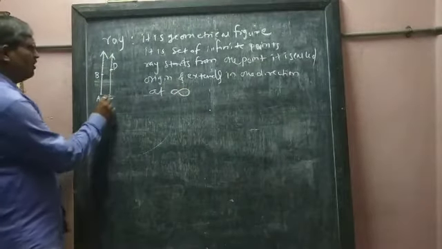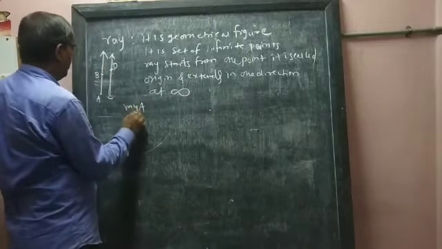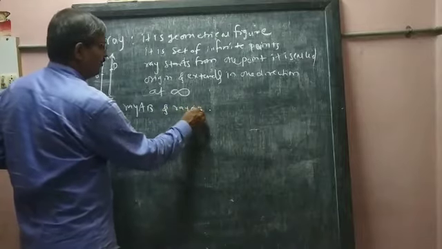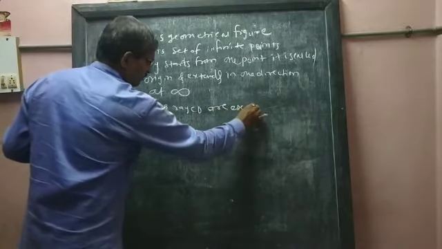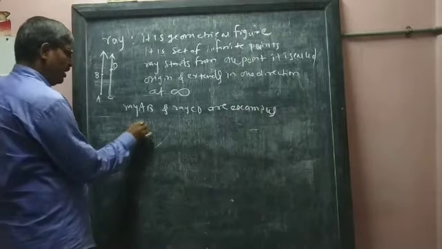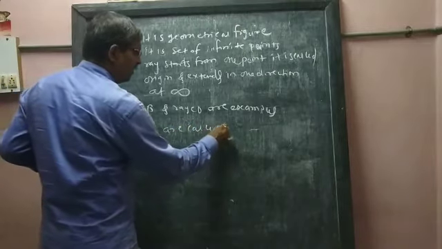Means it has no limit at all. So ray AB and ray CD are examples. A and C are called origins.